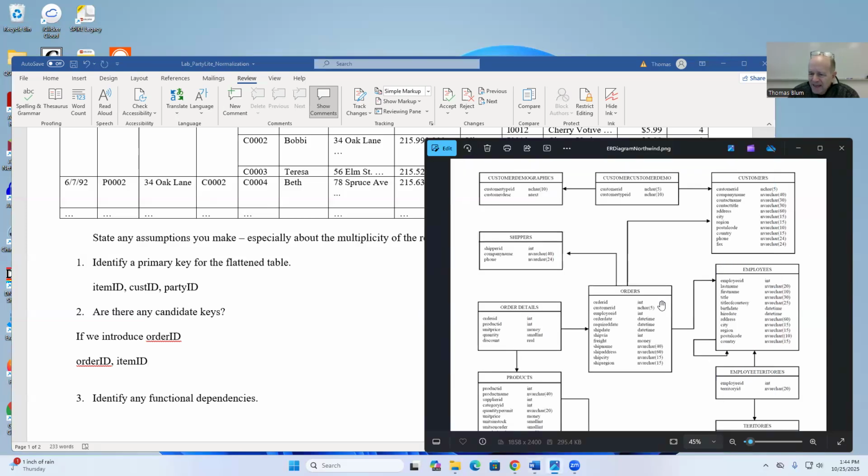We know we're going to need that here, and we need to know what the order is and what the item is. An item may be in many orders, and an order may have many items. So that's a many to many. So we know we need both of these.